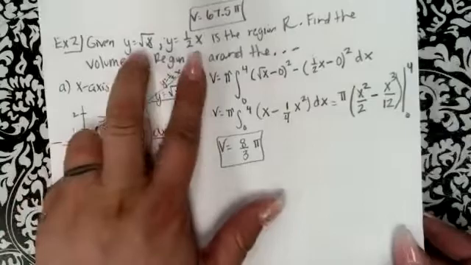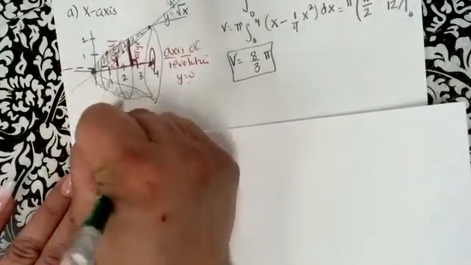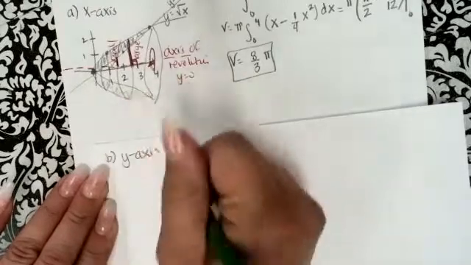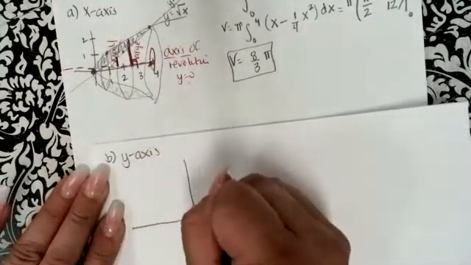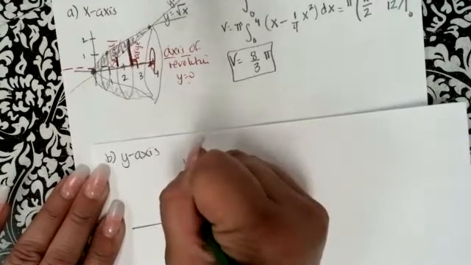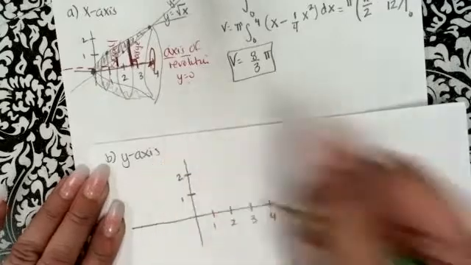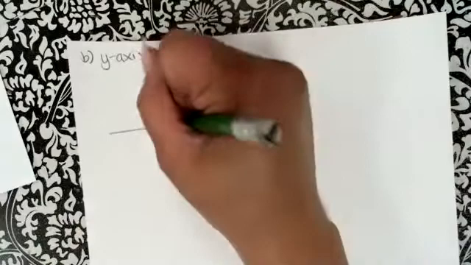Okay, I'm going to still use the same graph, but this time I'm going to revolve it around the y-axis. So we have the graph of square root of x.